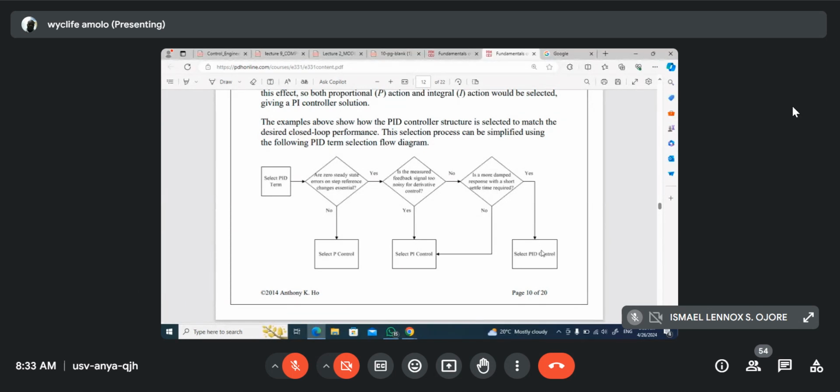If yes, you select PID. So PI is only selected when the derivative response is noisy. And if zero steady state error in a step response is not essential to you, you just go with P.